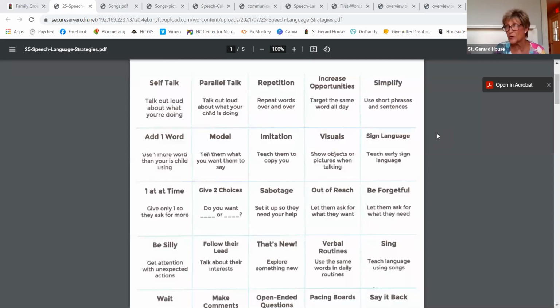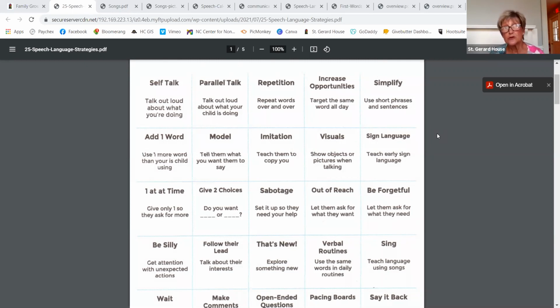What am I doing? Or what is this? This is a broom. Then pull them into that activity and see if they can help you a little bit. Just listening to you talk while you are doing things around the house can teach them little things. A lot of times we don't think that the kids are picking up on what we're saying, but they really do. So calling attention to what you're doing and adding words to it will certainly help.